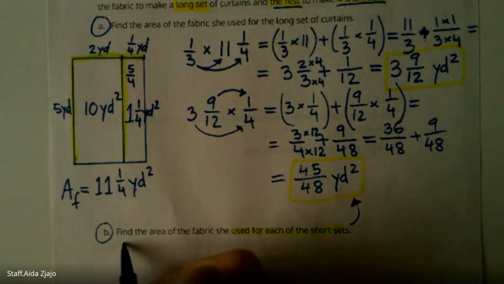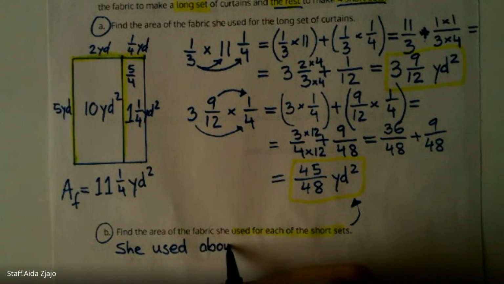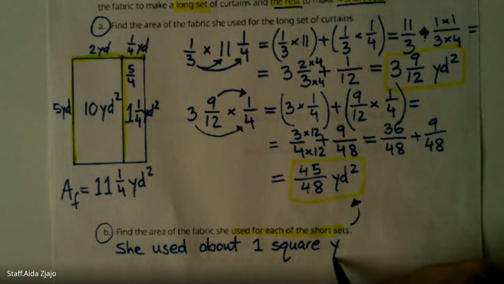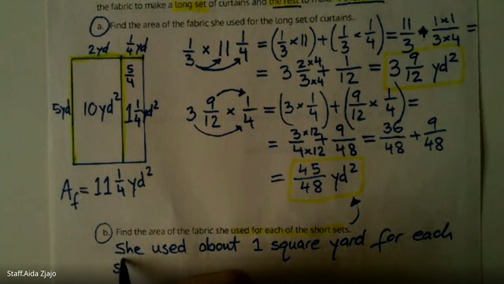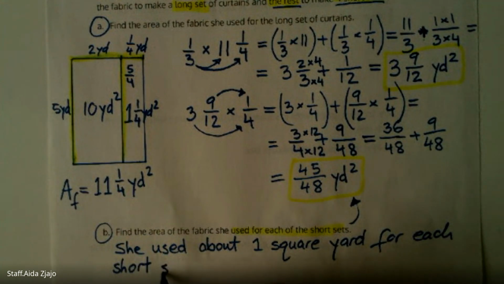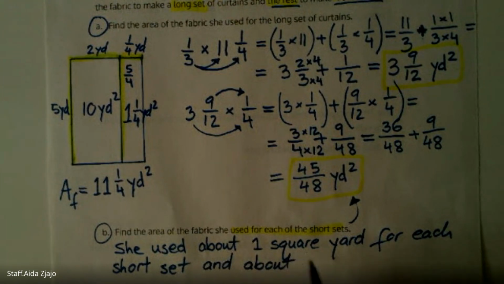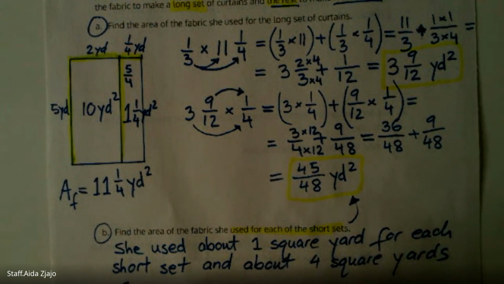So she used about 1 square yard for each short set, and about 4 square yards for the long set.